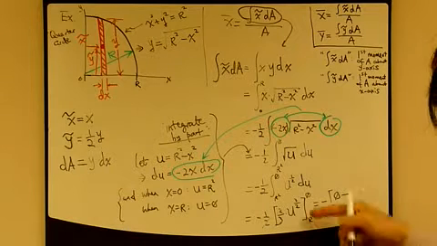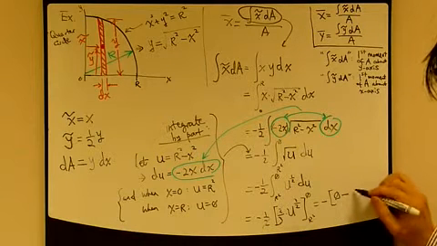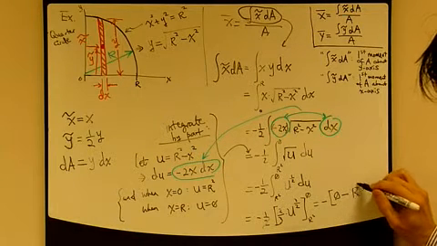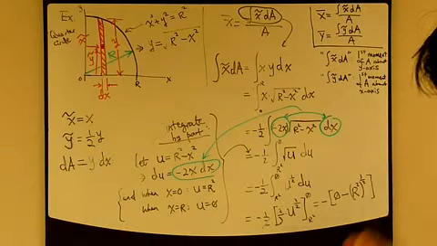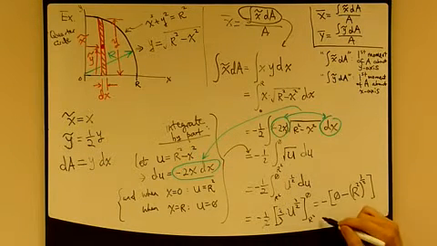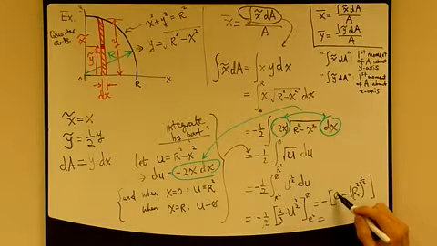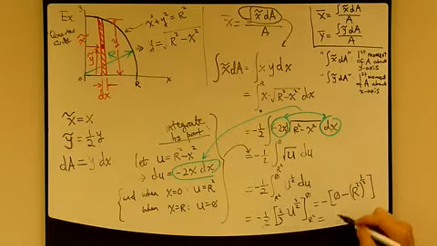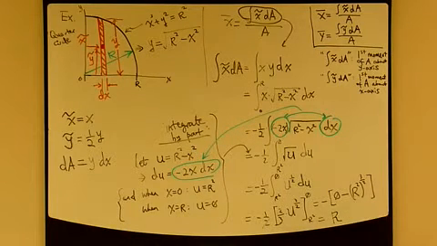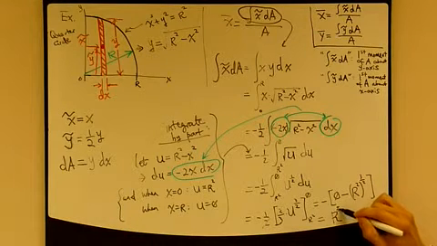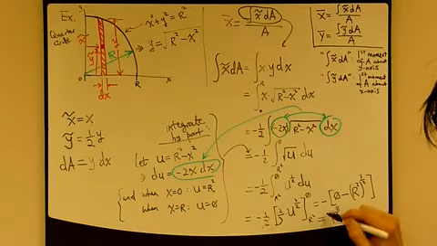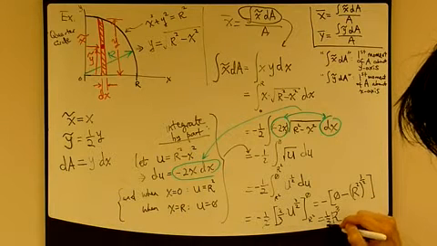Minus. Bring r squared in here. So that's your r squared raised to the power 3/2. So 0 is 0. Negative becomes positive. So this is r cubed over 3, and don't forget the 1/3.